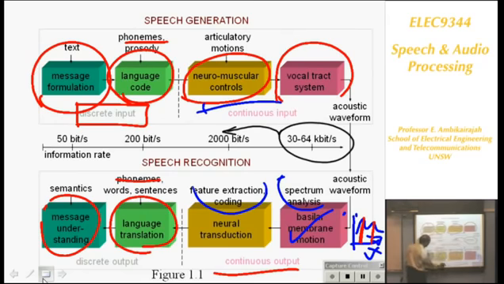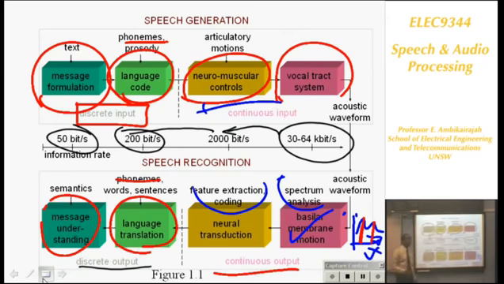Then from that, because this is a discrete input, you've got 200 bits per second. And then, to understand the information, you only need 50 bits per second. 50, 200, 2000, 64, and so on backwards. So basically, in order to understand a word or a smaller sound, 50 bits per second is more than enough. So that's the block diagram of our speech production.